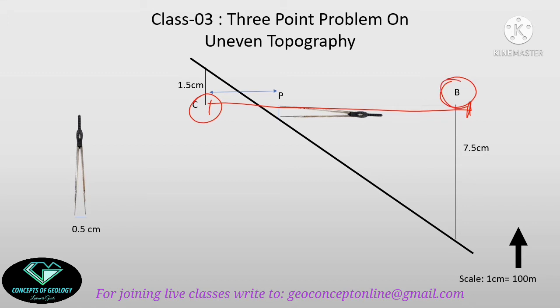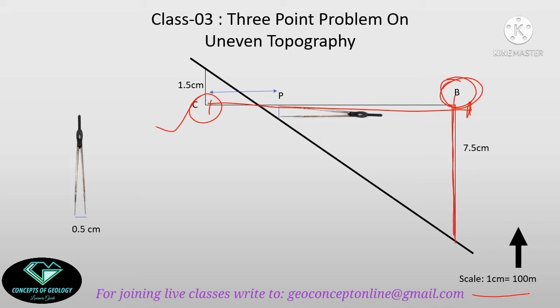At point B, the ore body has been encountered at a depth of 750 meter. The RL was minus 750, meaning it will be going in depth. So I will draw a 7.5 centimeter line vertically below point B. Why 7.5? Because according to my scale, 7.5 centimeter means 750 meter. So this length will be 7.5 centimeter, and on point C we have encountered the ore body at positive 150 meter.